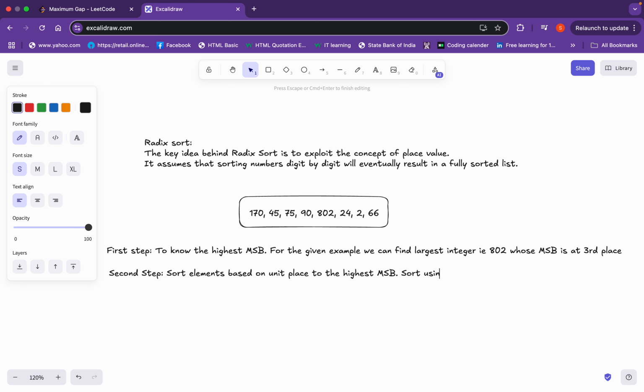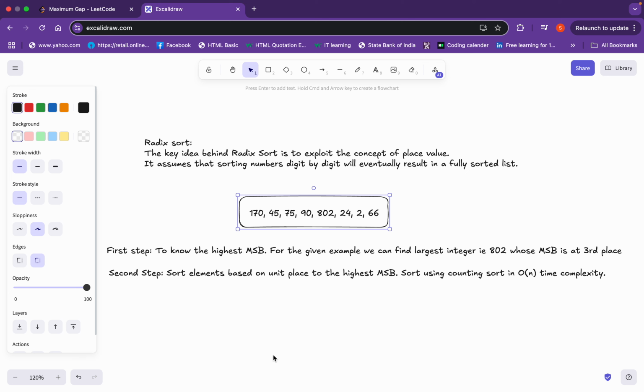Sort using counting sort in O(n) time complexity. If you want to know more about counting sort, there are other videos on my channel or other channels. You can go through that. This is only to understand Radix Sort.